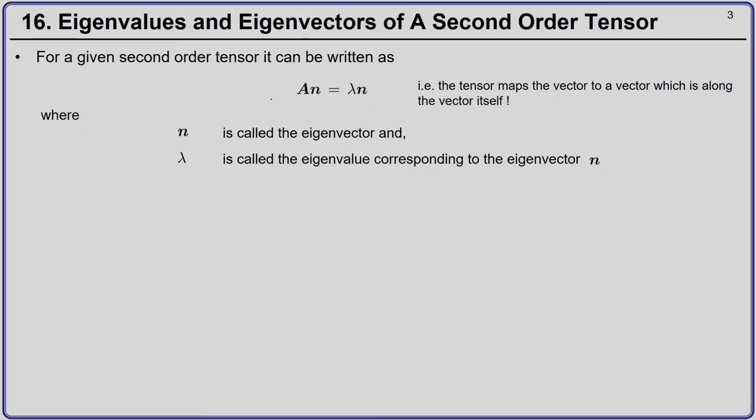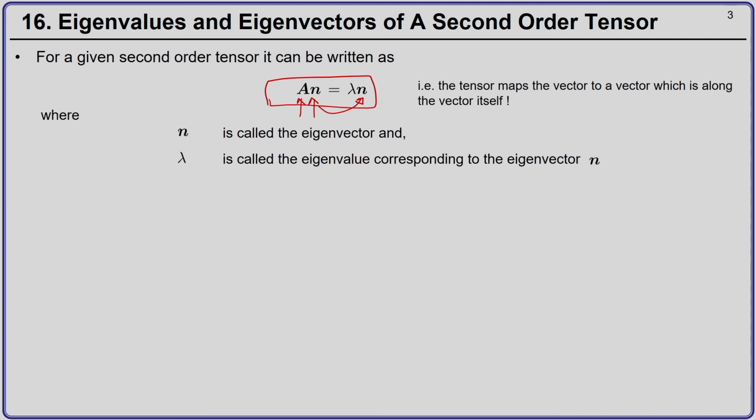As you can see here, this equation is A n equal to lambda n. Here the second order tensor A is mapping this vector n to a scalar multiple of itself. The scalar multiple is lambda, and then you have n on the right hand side.